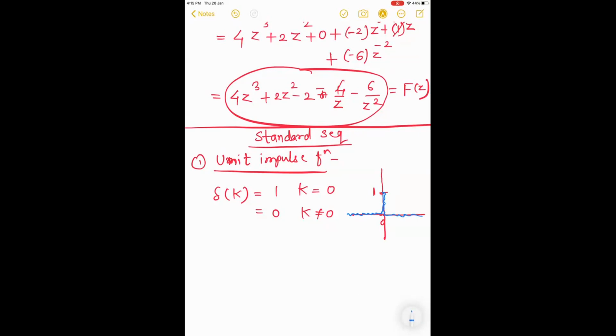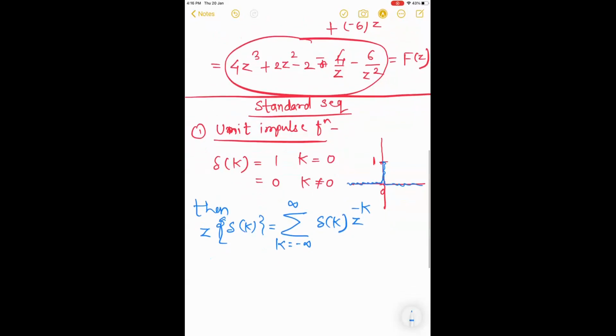Okay, so if it is defined like this, then let us calculate its z transform. By definition, the z transform of delta k is the summation of delta k multiplied by z raised to minus k, with k from minus infinity to plus infinity.